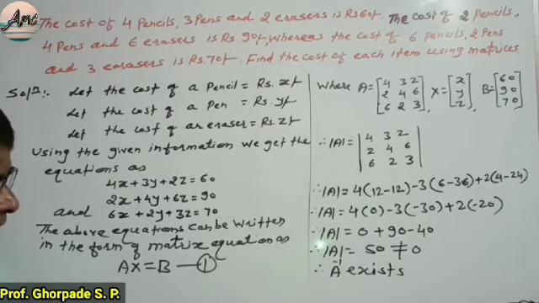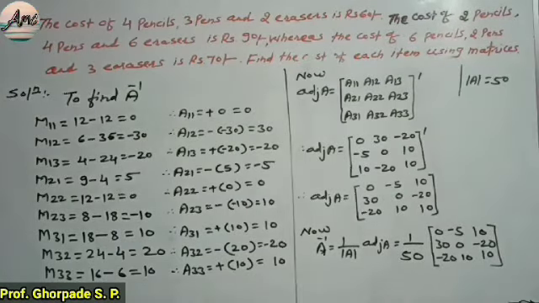So determinant of A equals 4 into (12 minus 12 is 0), minus 3 into (6 minus 36 is minus 30), plus 2 into (4 minus 24 is minus 20). So 4 into 0 is 0. Minus becomes plus: 3 times 30 is 90, plus minus minus, 2 times 20 is 40. So 90 minus 40 is 50, which is not equal to 0. Therefore A inverse exists.